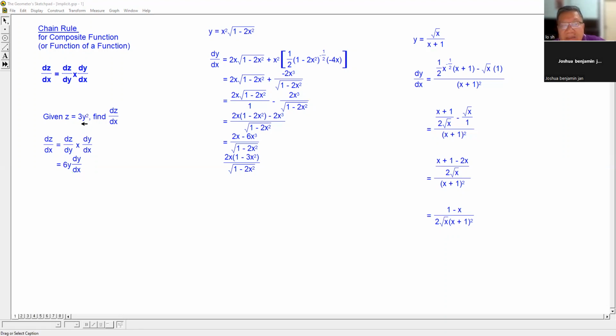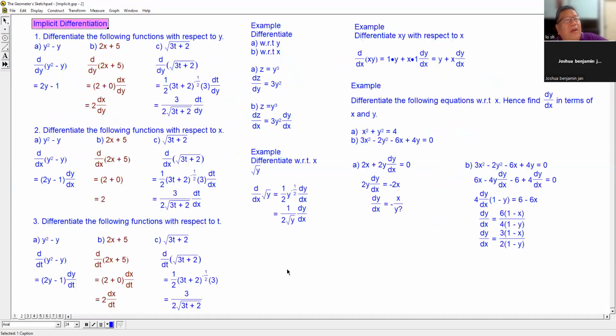You see, this y is not x, but yet I want to differentiate this y with respect to x. So you just differentiate as usual. Pretend that you are differentiating with respect to y, but in the end, you add one more term, dy dx. That's all. So this is how we differentiate this type of equation.